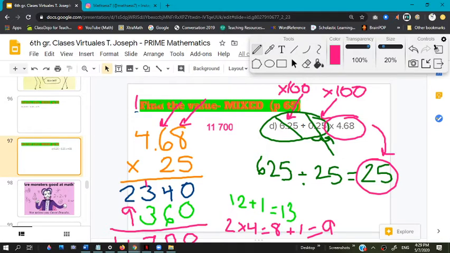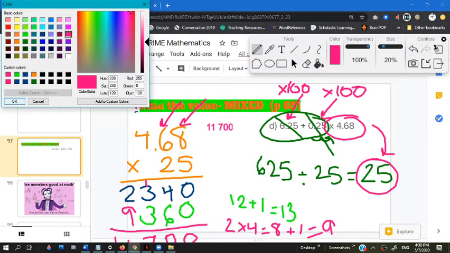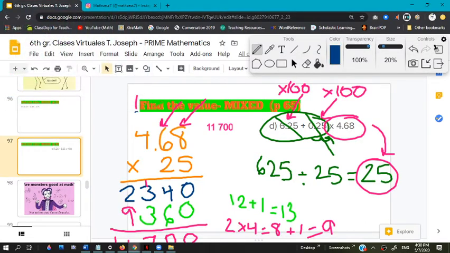Okay, we actually multiplied 468 times 25, which gives us 11,700. But if you multiply 4 times 25, it's going to give you a whole lot smaller number. We need to move those decimal points over. I'll show you in blue. We have 2 numbers to the right of our decimal point. Here's our decimal point. So we need to move our decimal point over 2 spots as well.